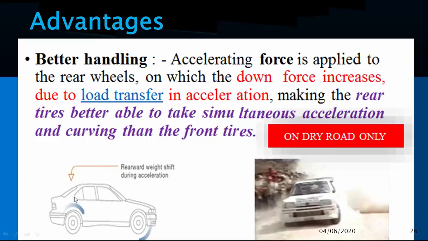When a vehicle moves, you can see the force is acting on the rear wheel and it is giving better handling, better stability, and it is making the rear tires better able to take simultaneous acceleration and curving than the front tires. Clear? That is why we can say this layout is very effective for the stability of a vehicle, right?